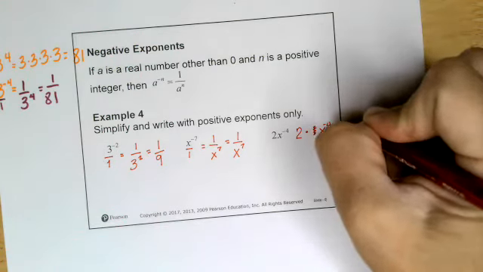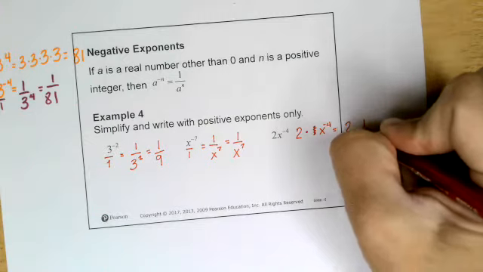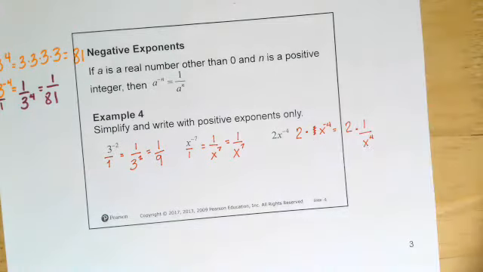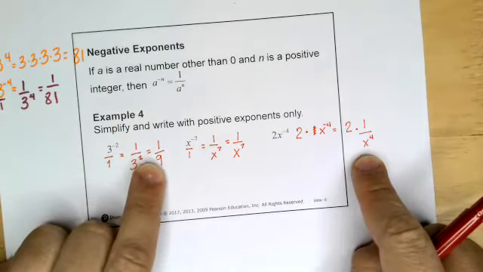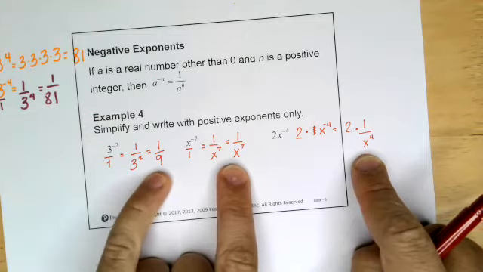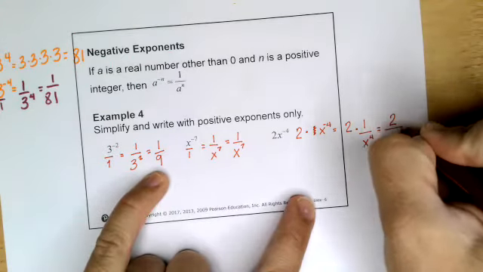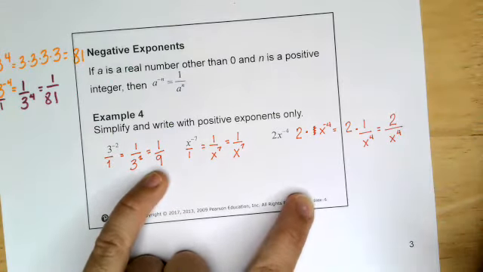So I can leave the 2 on the top, and I'm going to reciprocate the x to the fourth so that it's a positive 4, just like we did here and here. So 2 times 1 is 2, and x to the fourth on the bottom, okay?